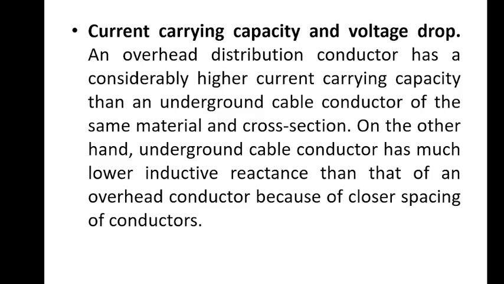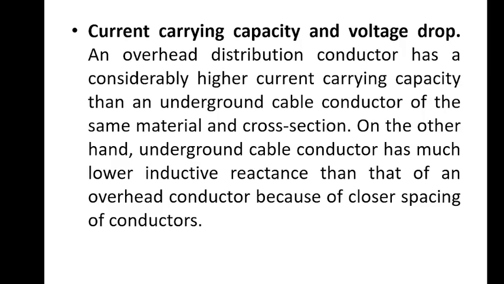All right. This slide also compares overhead and underground systems in terms of current carrying capacity and voltage drop. Overhead conductors generally have a higher current carrying capacity because they are exposed to air, allowing better heat dissipation.